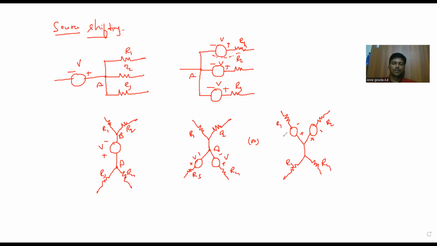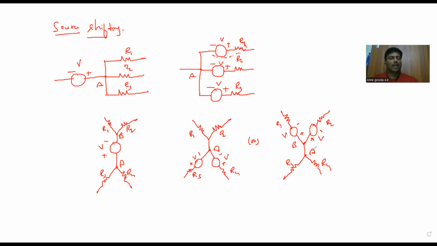I have pulled this voltage source towards node B. So in both cases, I am able to apply the source transformation after applying the source shifting, that is, the voltage source shifting.